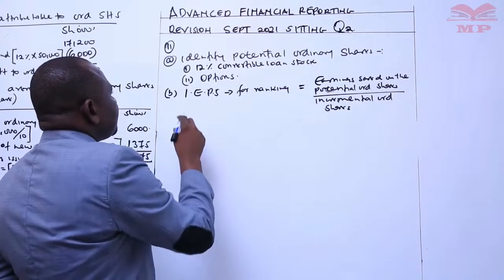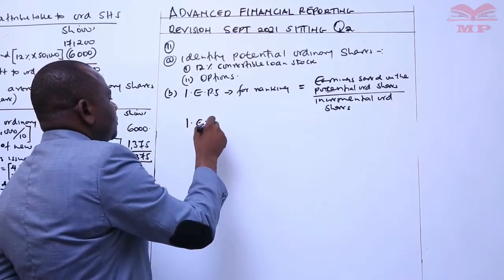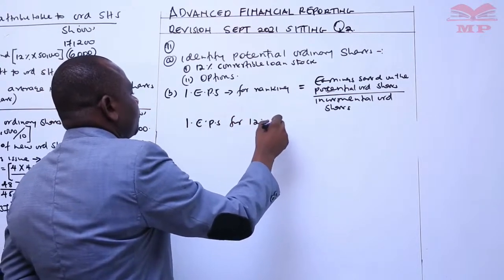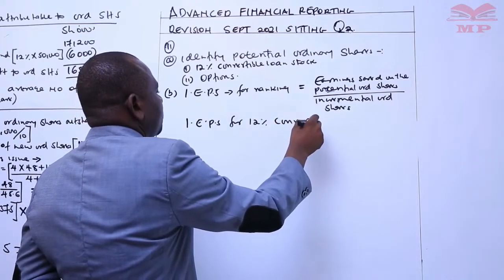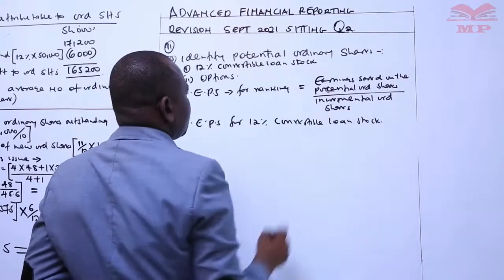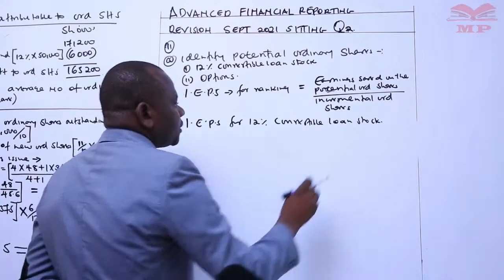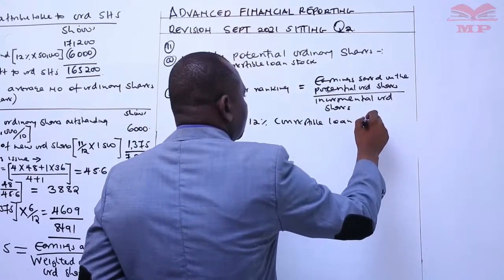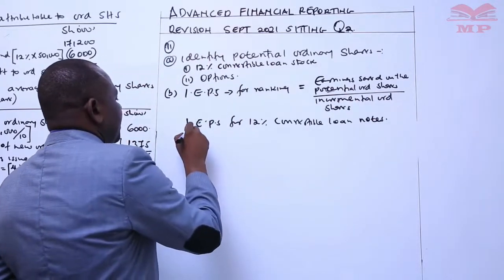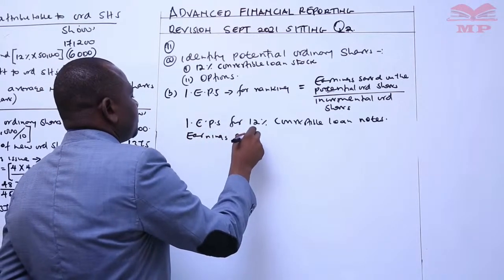Now, let us get incremental EPS for the 12% convertible loan note. It is loan note, not loan stock. So we get earnings saved.